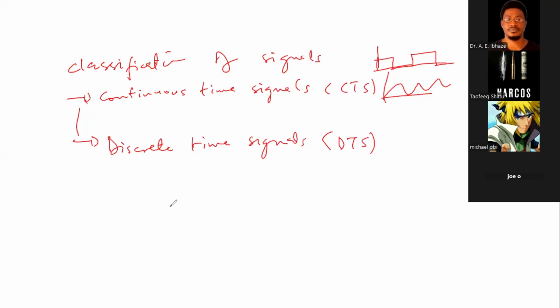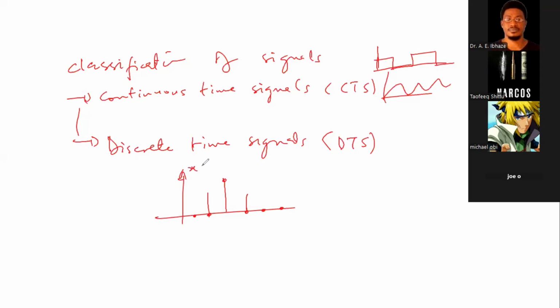Now, when we talk about discrete time signals, it means that they occur at discrete time intervals. It could be this, this, this, this. So this signal is occurring at discrete time intervals.